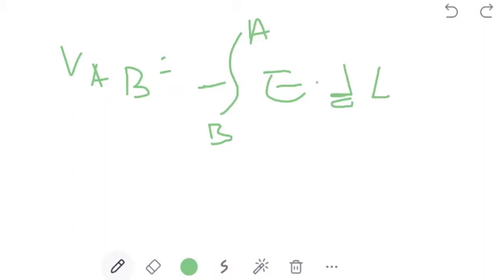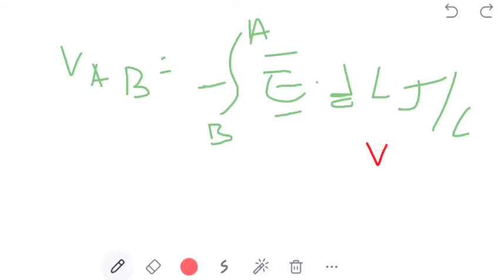If the work is done by an external source moving the unit charge from B to A against the direction of electric field E bar, VAB is positive. Okay, what is the potential unit? The electric potential unit is joules per coulomb, or we can write volts.